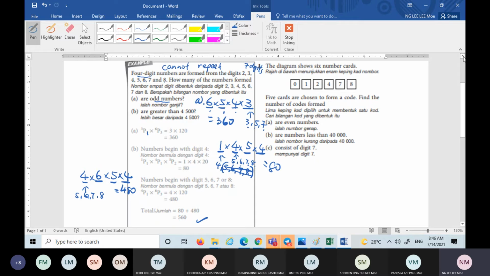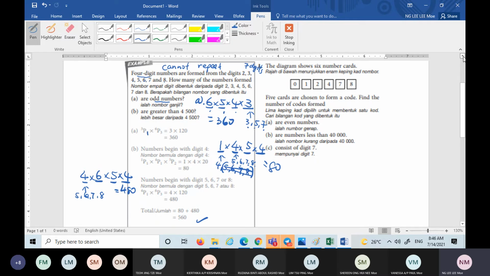Quite similar to the example. Just now you had 7 digits and you wanted to form a 4-digit number. Now this one you have 6 digits. 5 cards are chosen to form a code. Find the number of codes formed that are even numbers.